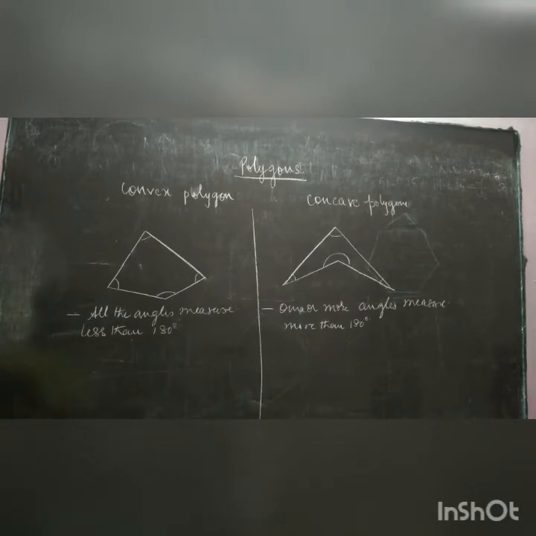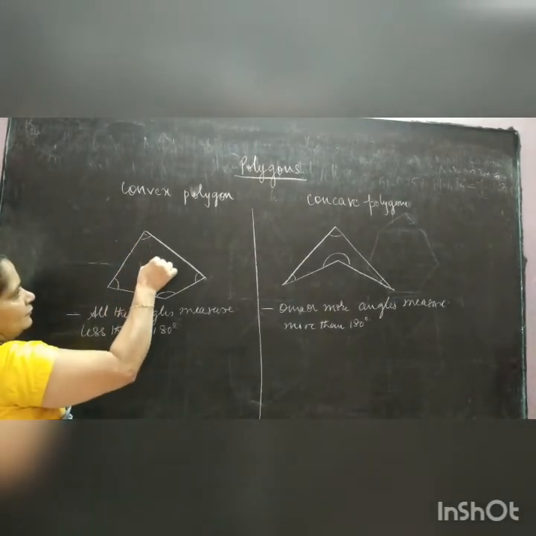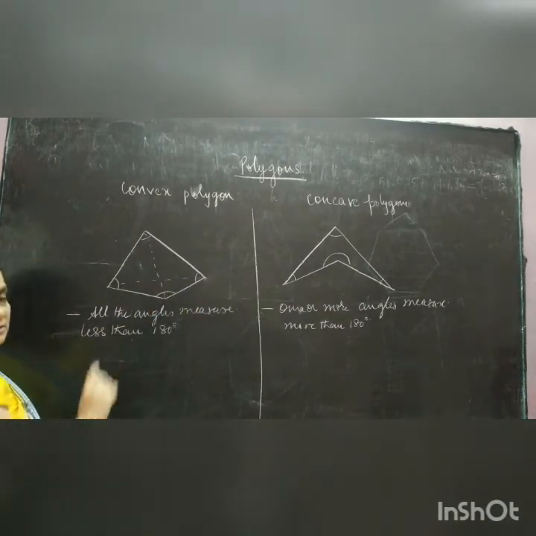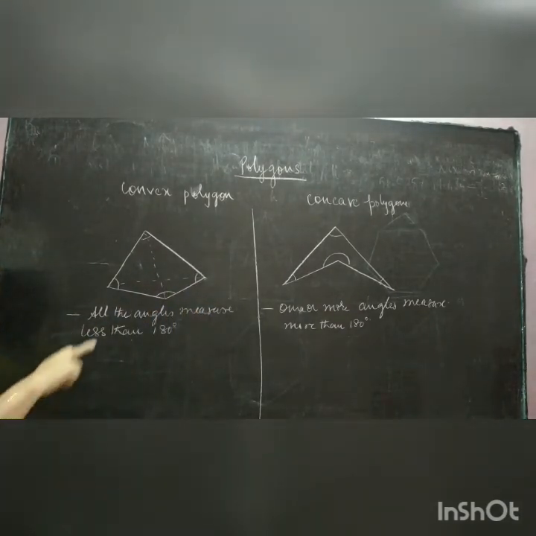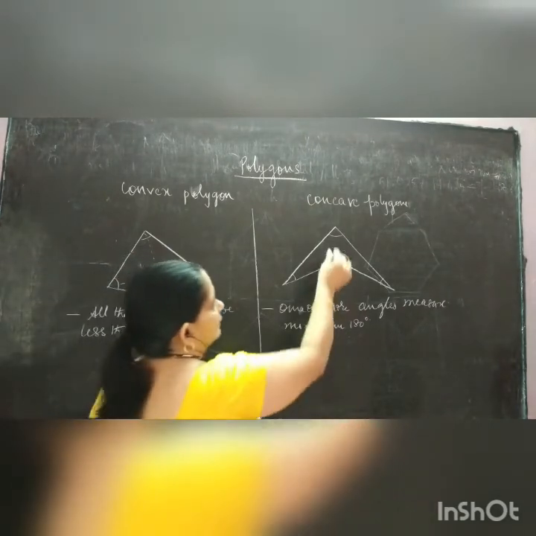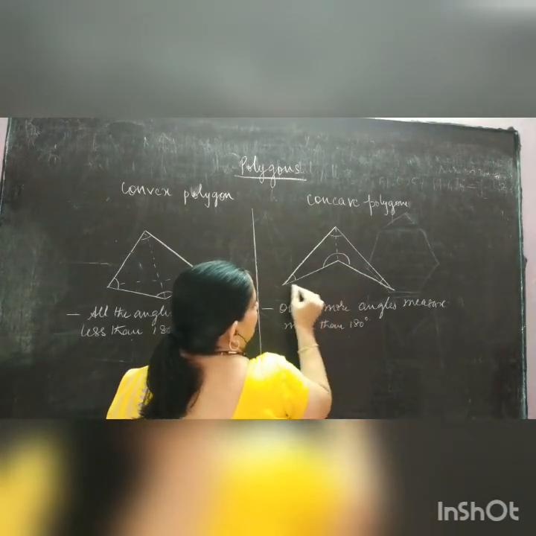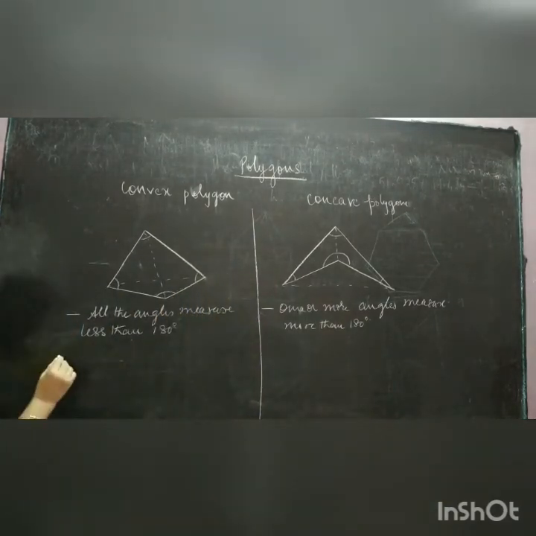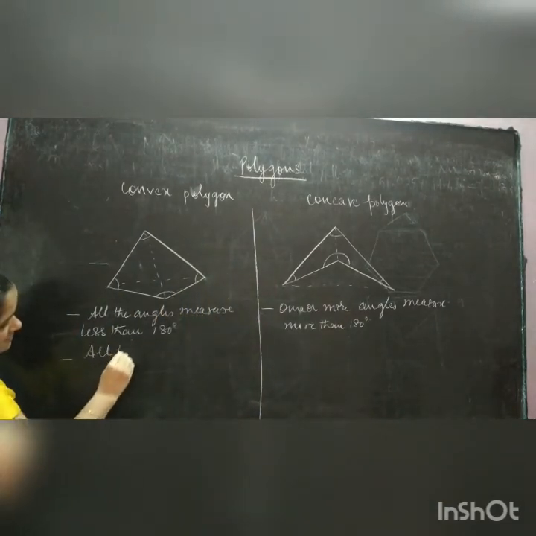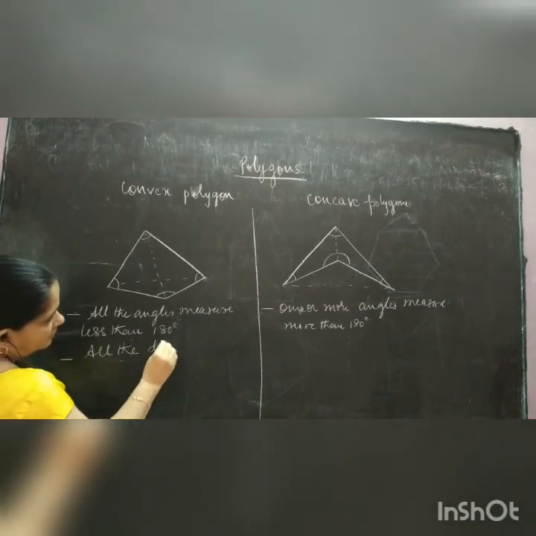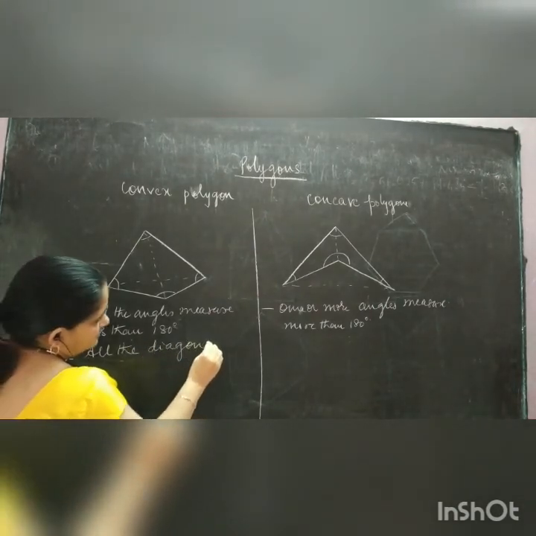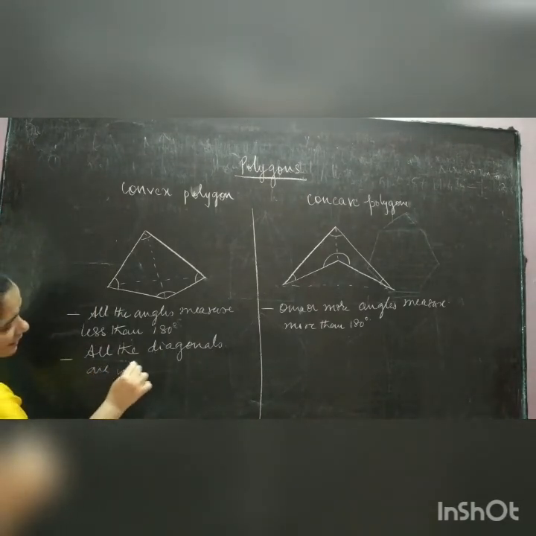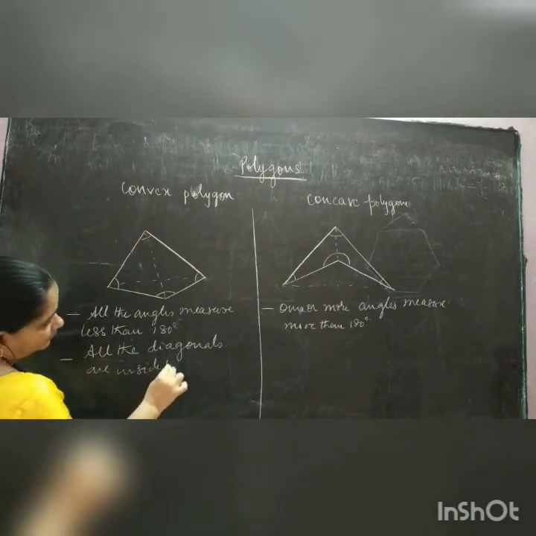Then another main difference. Here if you draw the diagonal, both the diagonals are inside the polygon. Here only one is outside, isn't it? So here all the diagonals are inside the polygon.